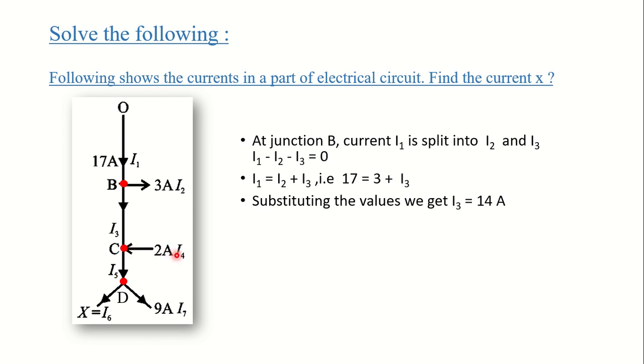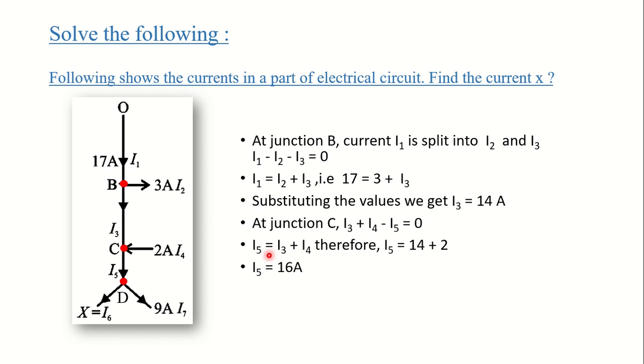I4 is also coming to the junction, and you can see I5 is leaving the junction. So I3 will be positive, I4 will be positive, and I5 will be negative. At junction C, the equation will be I3 plus I4 minus I5 is equal to 0. Here we are using Kirchhoff's first law sign conventions and we are getting this equation.